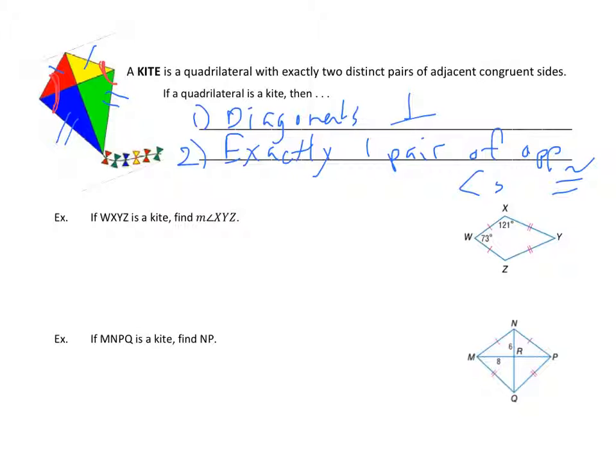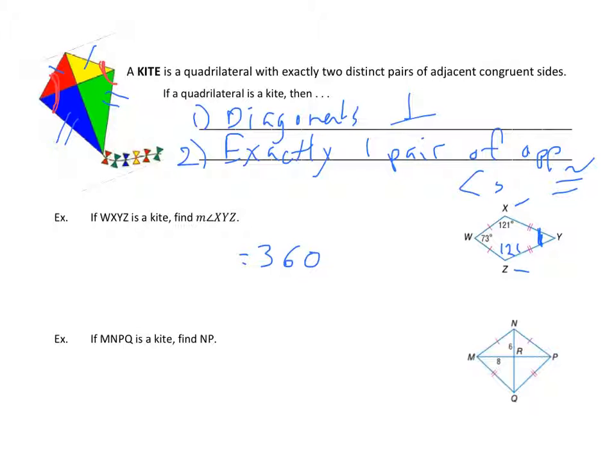So let's look at an example. It says that we have a kite, find the measure of x, y, z. Y is this angle right here. Well, we know that there are two angles that are congruent, and in this case it's going to be x and z. So this angle is 121. So we have to find the missing angle. Remember, a quadrilateral, all the interior angles are going to add up to equal 360 degrees.